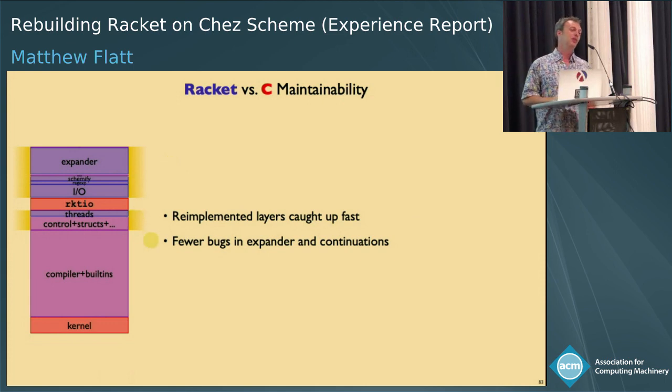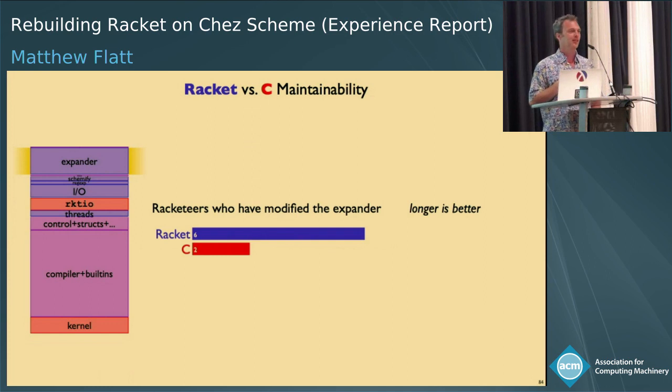In fact, the continuations part. Even in the early iterations of Racket on Chez Scheme, it became kind of an oracle for what the old implementation should have done. So people would say, is this a bug? And I would say, looks like a bug. Oh yes, it runs correctly in the new version. Let's go try to fix the old one, which was a huge pain, which is what we don't want to do anymore.